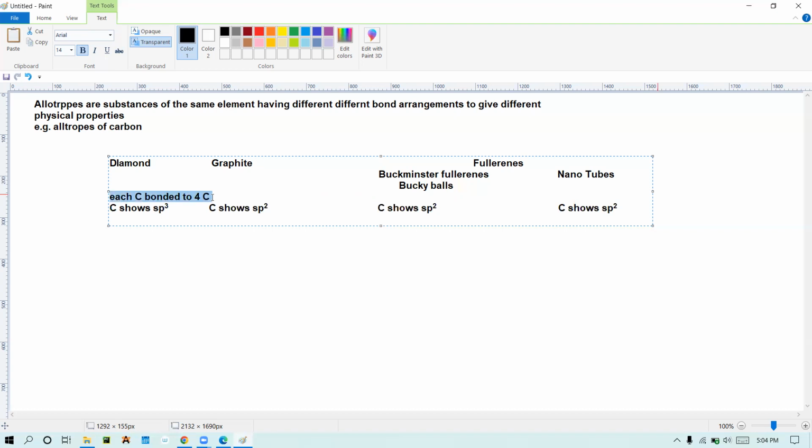But in graphite, each carbon is bonded to 3 carbon atoms. In buckyballs, each carbon is bonded to 3 carbon atoms. In nanotubes also, each carbon is bonded to 3 carbon atoms.